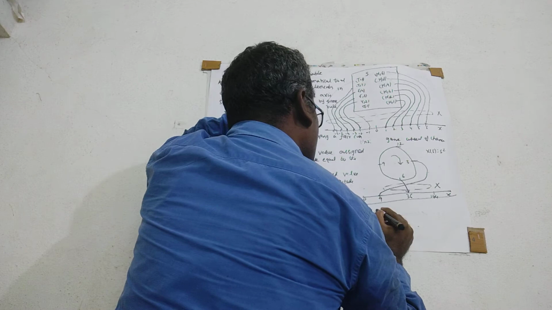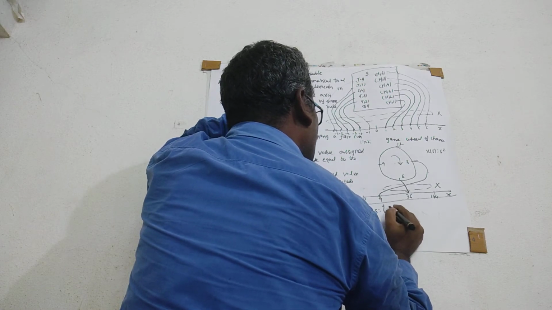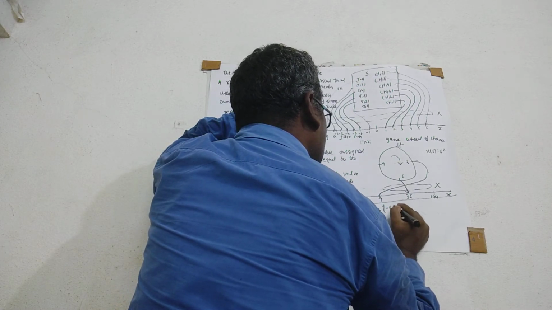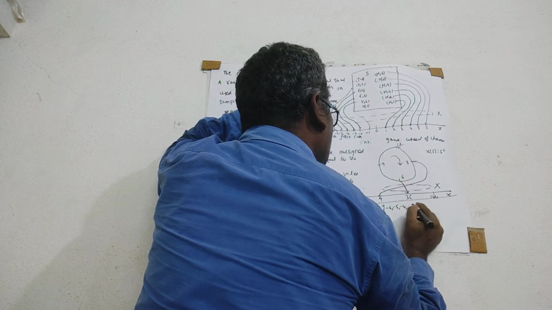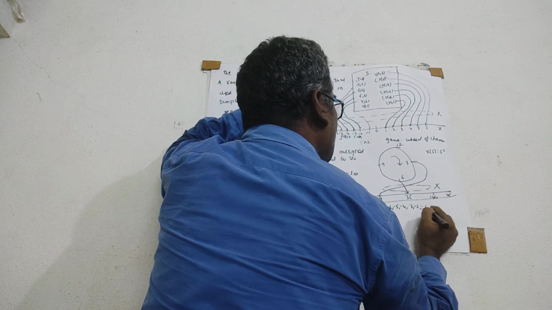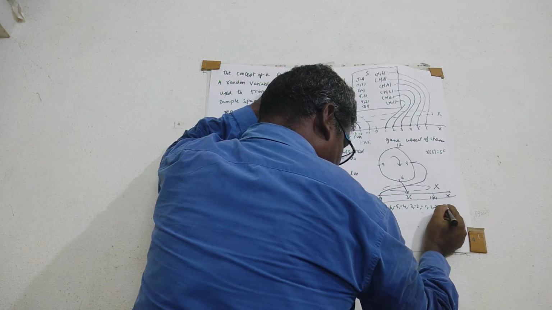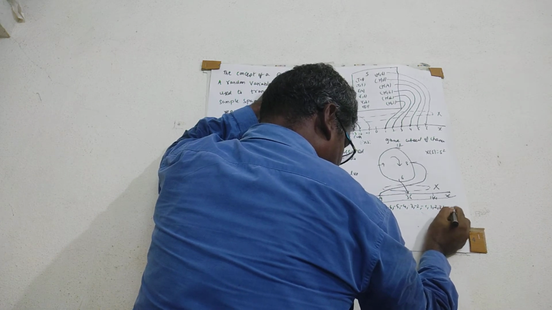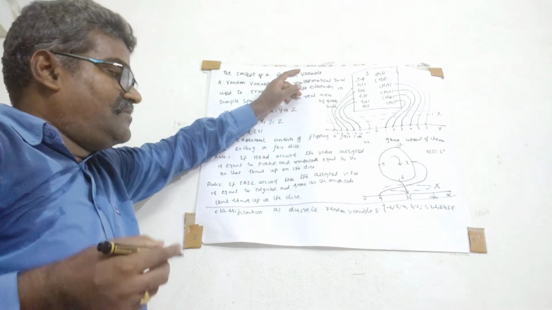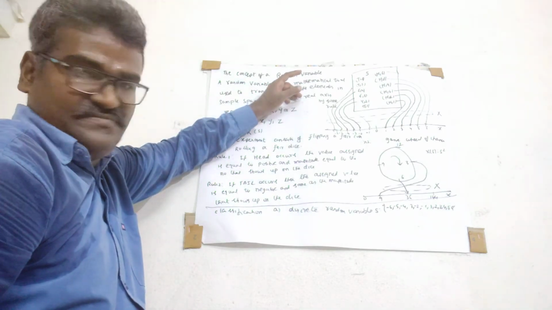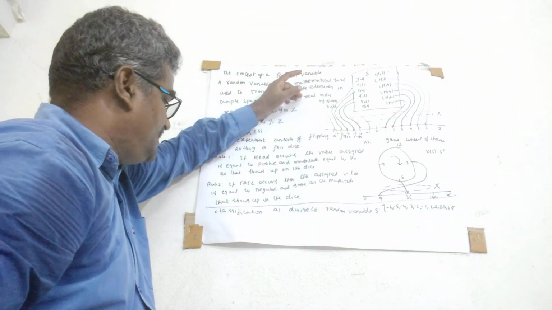Why? Because the sample space has only discrete values. What are the values here? Minus 6, minus 5, minus 4, minus 3, minus 2, minus 1, 1, 2, 3, 4, 5, 6. We have discrete values. Hence, the name discrete random variable.